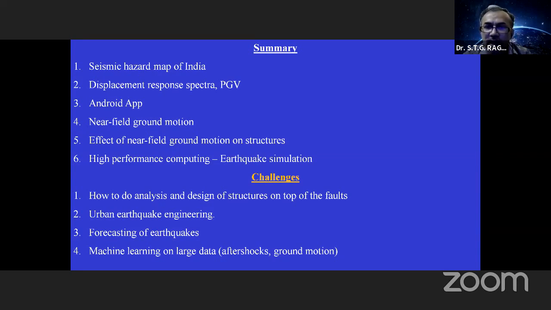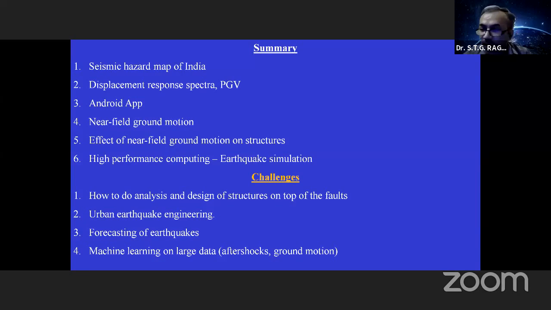Generally, as engineers, we are interested only in the structure: when an earthquake happens, what happens to my structure? But nowadays, with HVRA or hazard vulnerability risk maps, people are talking about how cities respond, that is resilience and other things. This also can be taken up as a research topic.